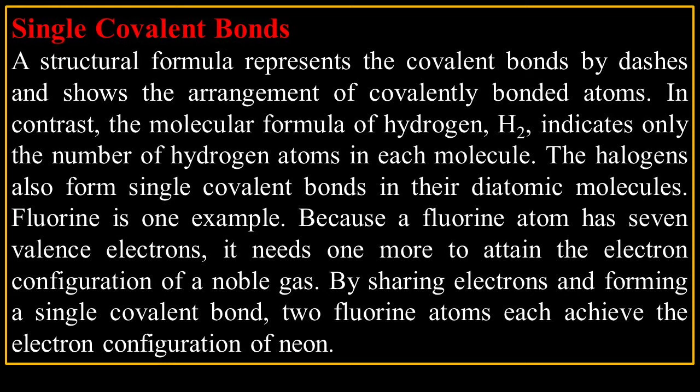Fluorine is one example. Because a fluorine atom has 7 valence electrons, it needs one more to attain the electron configuration of a noble gas. By sharing electrons and forming a single covalent bond, 2 fluorine atoms each achieve the electron configuration of neon.